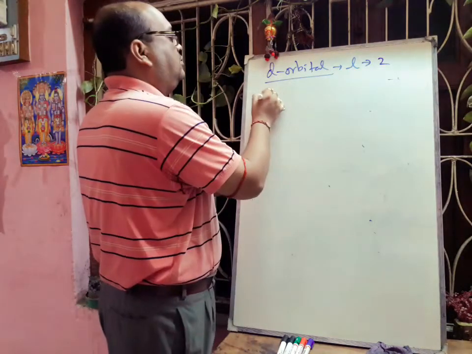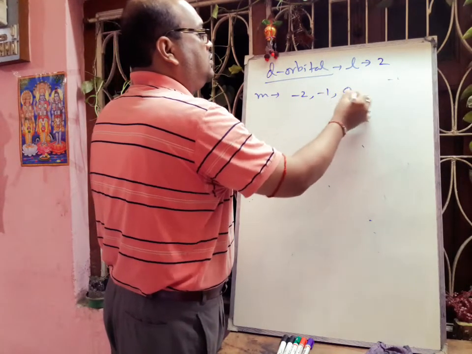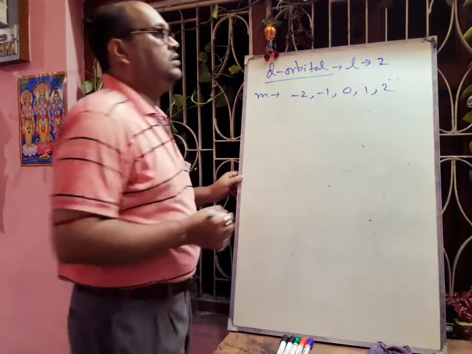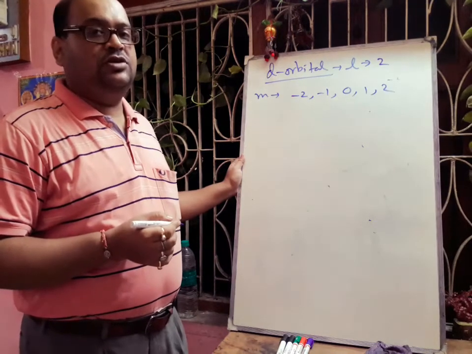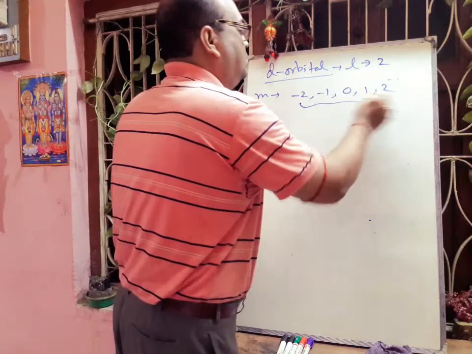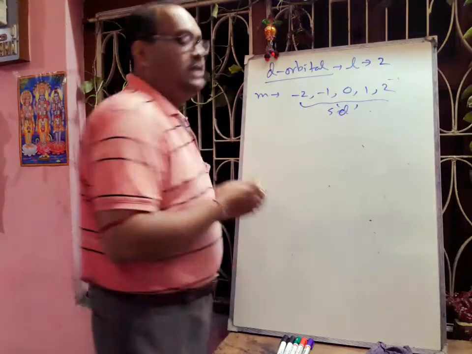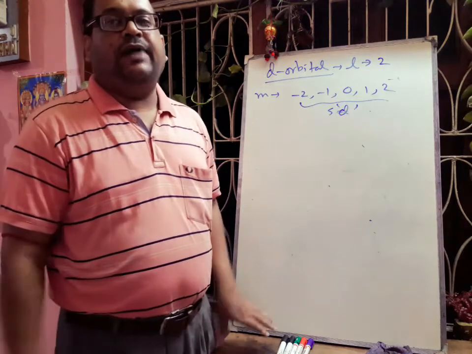So what will be the value of m? m will be minus 2, minus 1, 0, 1, 2, that is minus l to 0 to plus l. So here 5 values are there, so definitely there will be 5 d orbitals. In d subshell there will be 5 d orbitals.